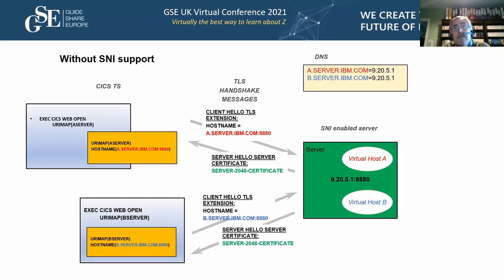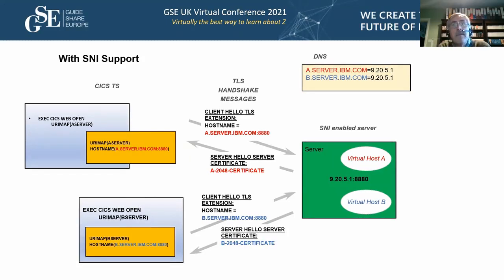When a request goes out, the DNS server identifies the address, which is the same for both because it is the physical box of the server, and the request goes to that. And what will come back is that server certificate. So there's no way that either of the clients can identify that they're definitely talking to the virtual host A or B. All they're talking to is the server.